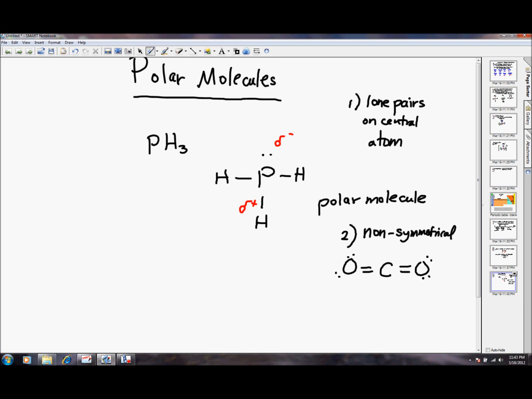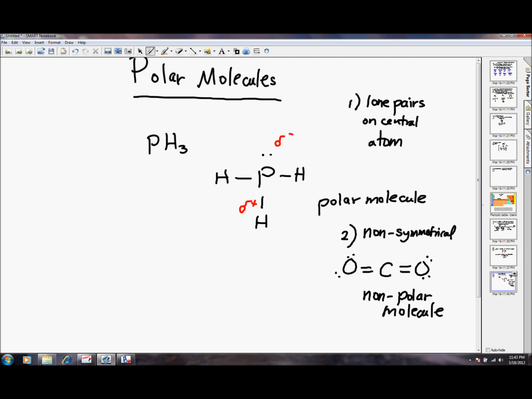Now I didn't draw it perfectly, but this molecule has a left side and a right side that are perfectly identical. The carbon to oxygen bond is actually a polar bond. Whether it's a double bond doesn't make any difference. So yes, the electrons are pulled over here, and yes, the electrons are pulled over here. But because the electrons are pulling perfectly in opposite directions, they cancel out. So this is a nonpolar molecule because it is symmetrical.